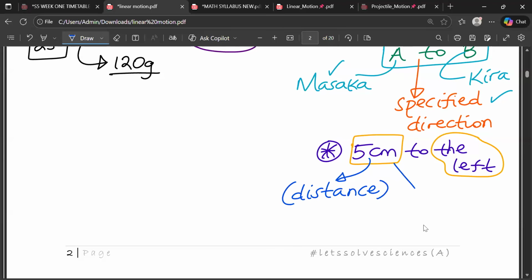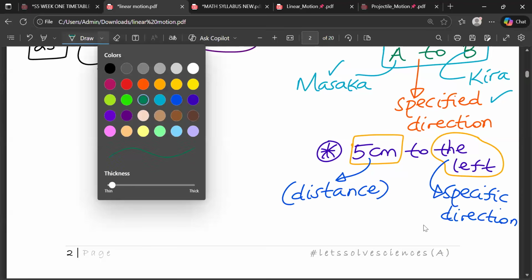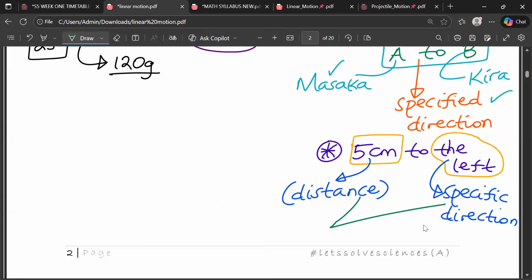But the moment you mix it with a direction, it becomes displacement. That's a direction. To the left is the specific direction. So in summary, the moment you move a certain distance in a specified direction, that becomes displacement.